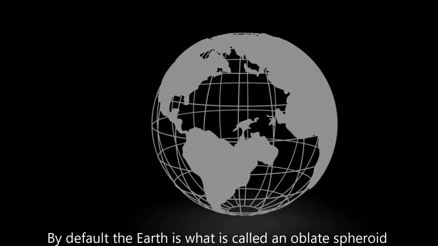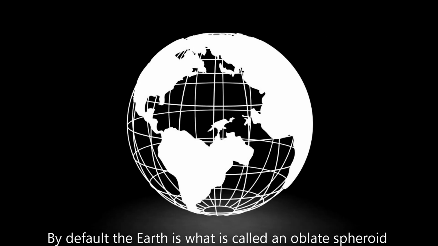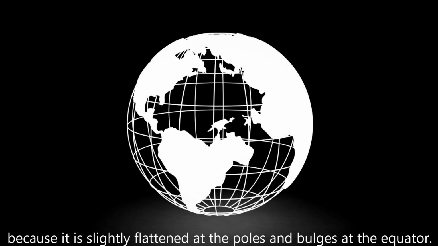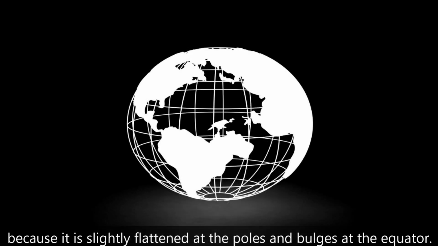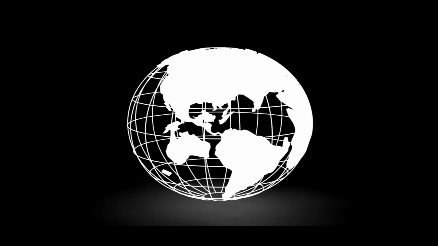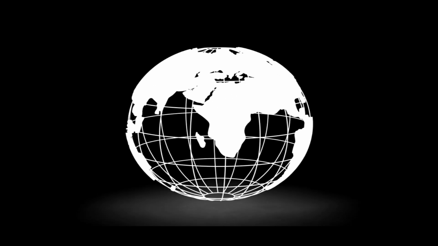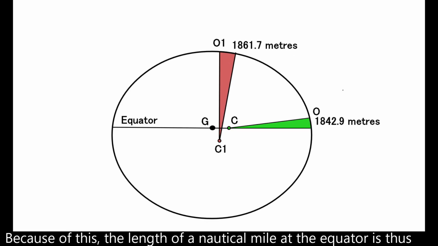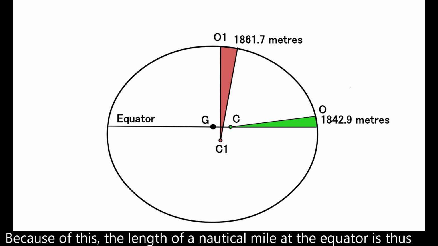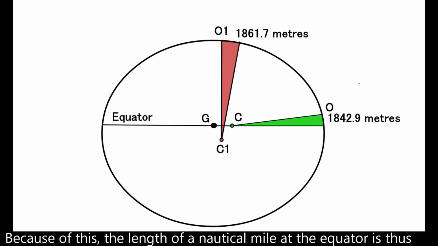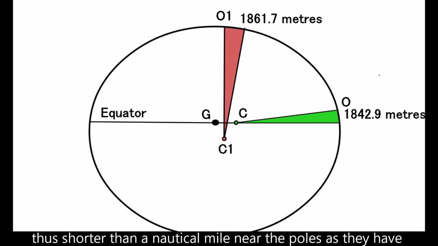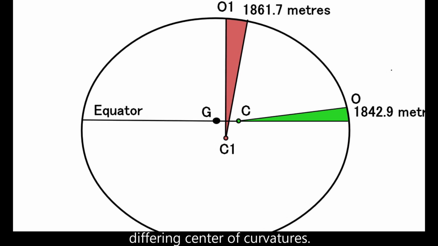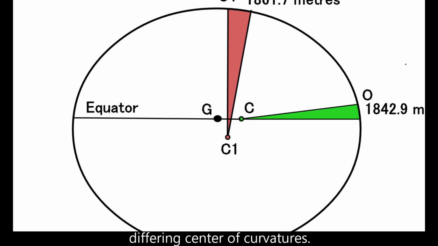The Earth is what is called an oblate spheroid because it is slightly flattened at the poles and bulges at the equator. Because of this, the length of a nautical mile at the equator is thus shorter than a nautical mile near the poles, as they have differing centers of curvature.